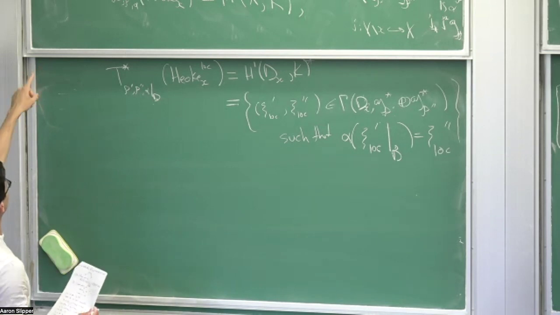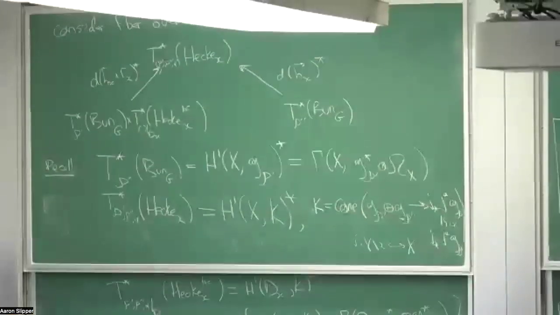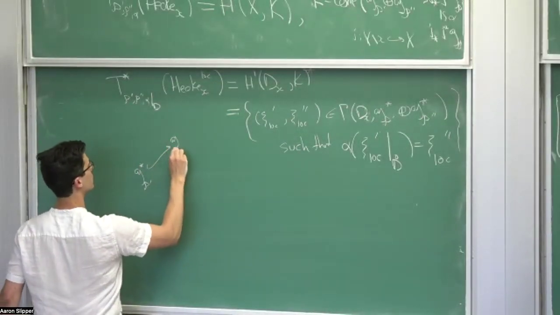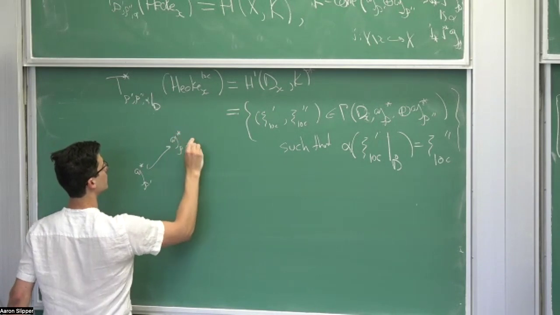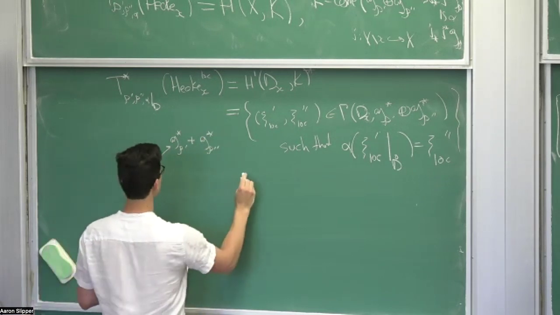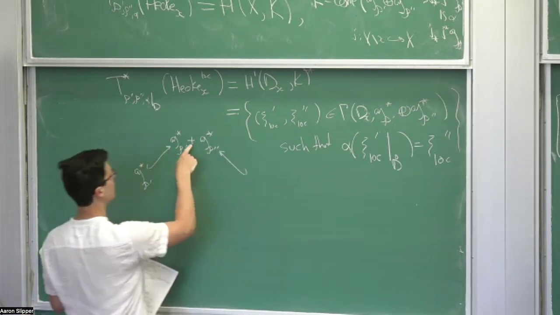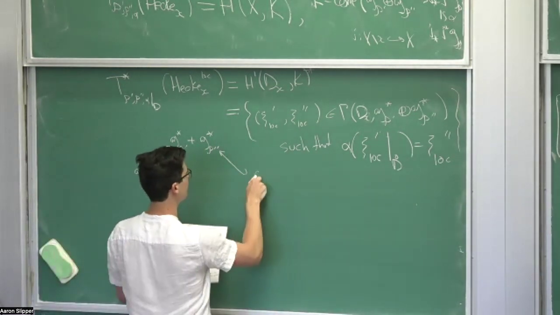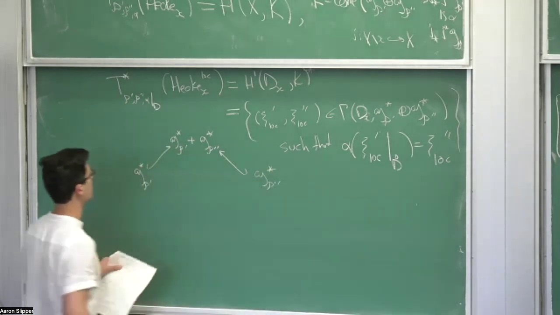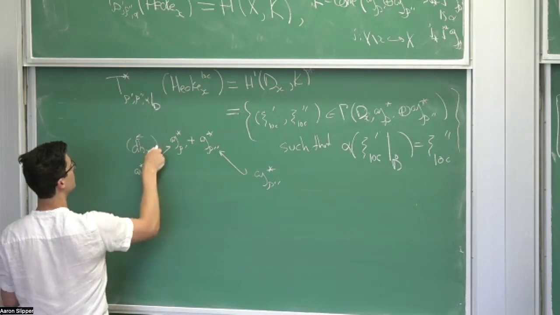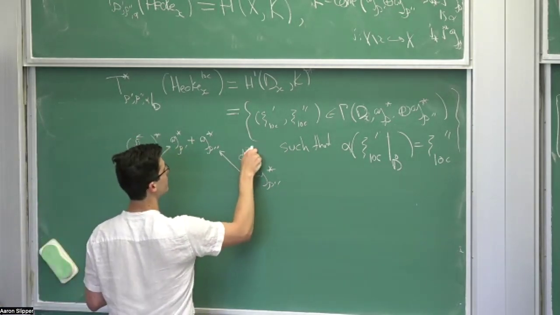Then the differentials, the DH left arrow and the DH right arrow, just correspond to the inclusions. And here I mean sum in the sense of vector spaces, not direct sum. So this is the DH left arrow pullback, and this is DH right.